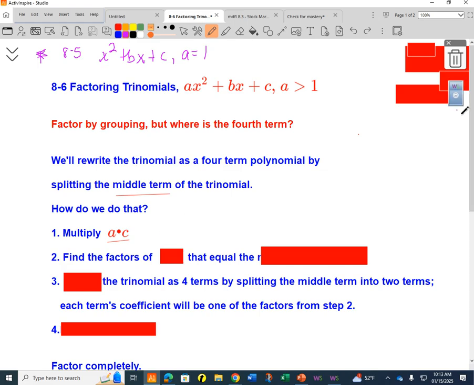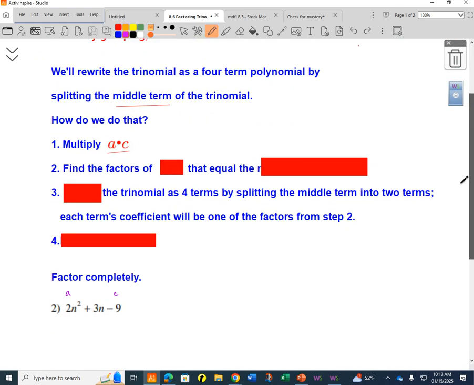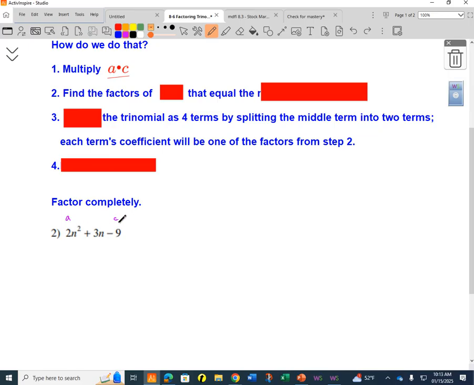So we're going to go down to our example we wrote, and we're going to look at the A and C. We indicated 2 with A and -9 with C. So AC means A times C. So for this example, A times C is 2 times -9, or -18.